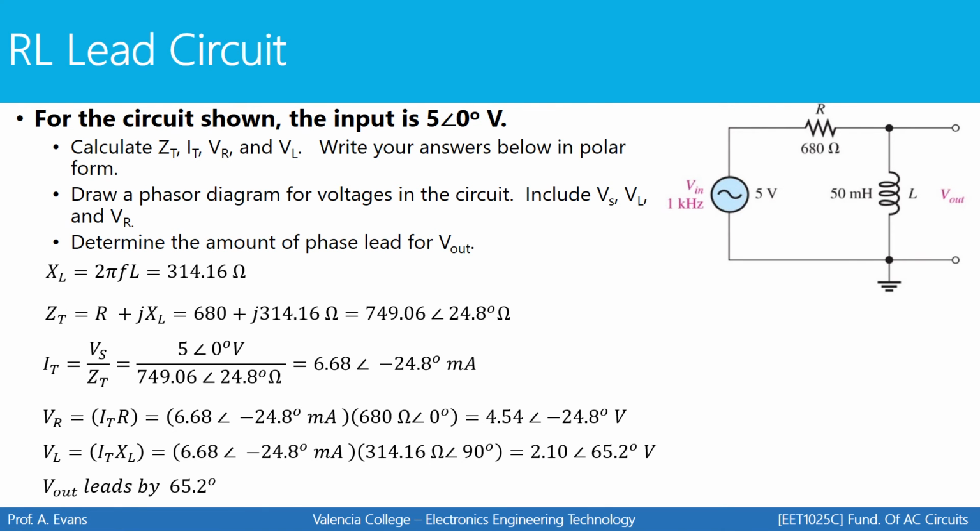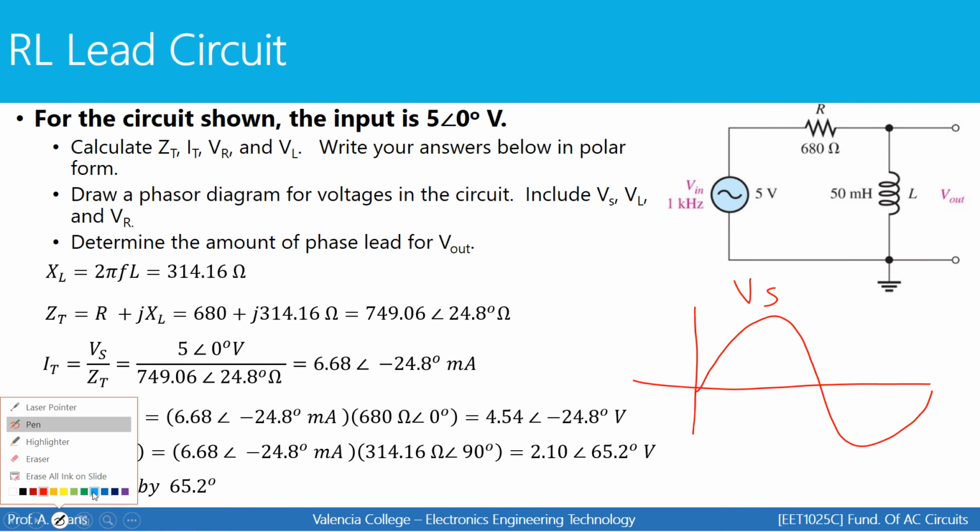So again, if we were to graph the sine waves that we would measure for the source, the resistor, and the inductor, here's what it might look like. Here's our reference. That's the source. And our inductor is going to lead by 65 degrees.